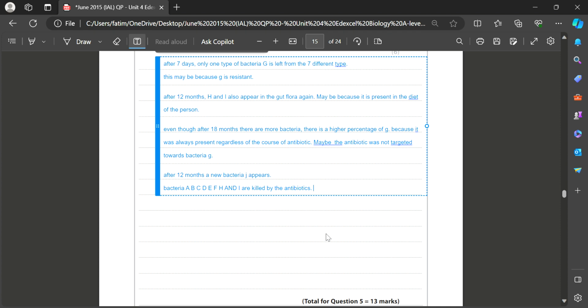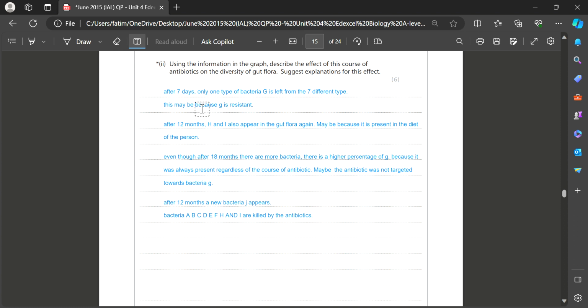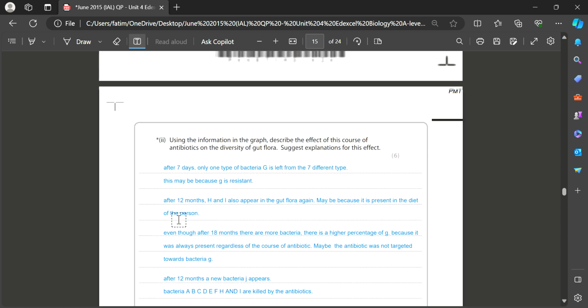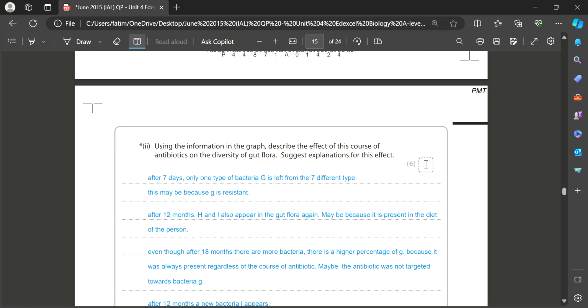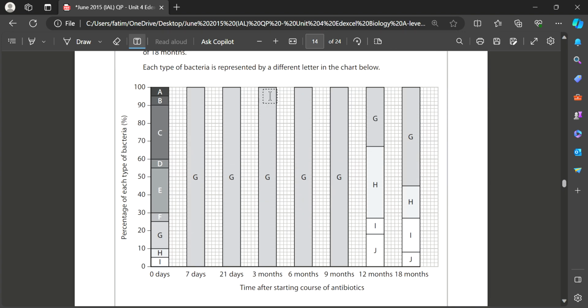Yeah, and that's basically it. That's all I'm gonna write. So if you look at it, 1, 2, 3, 4, and then 5, 6, 7, and 8. I wrote 8 points, so hopefully it'll be enough for 6 marks. If you find anything else that you can tell from the graph, you can mention that as well.